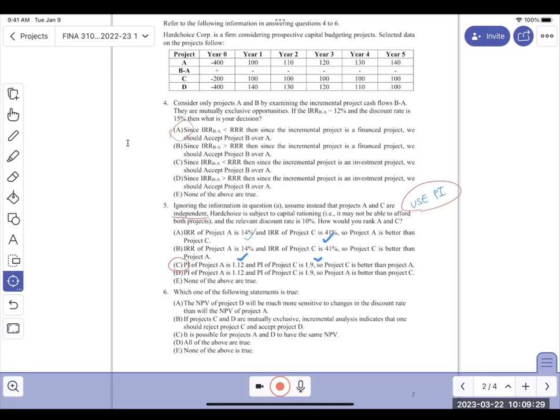Okay, but the issue is that when I compare D and C, notice that D has kind of a timing problem relative to C, because you have the highest cash flow at year 1.